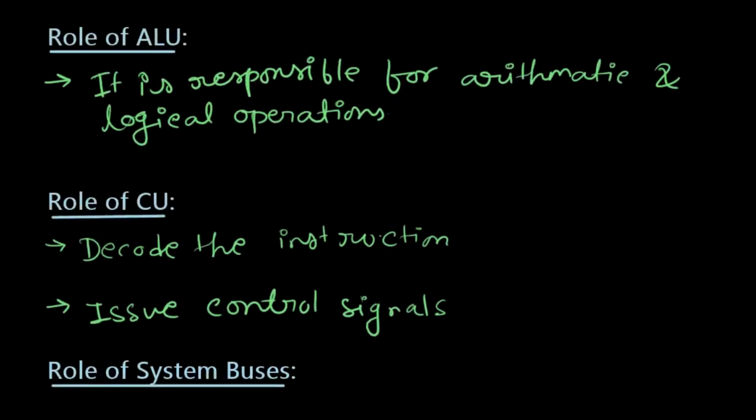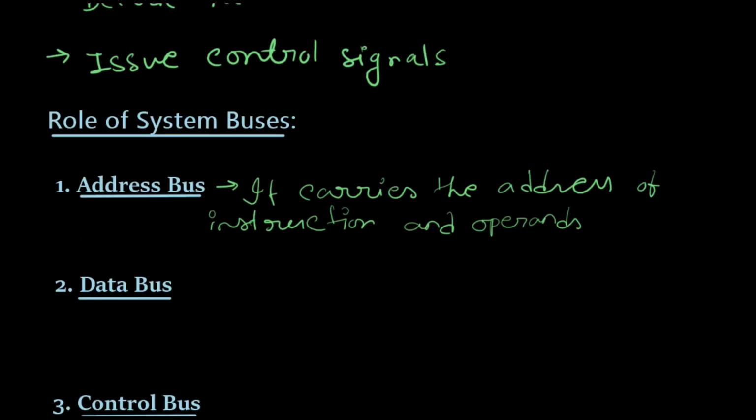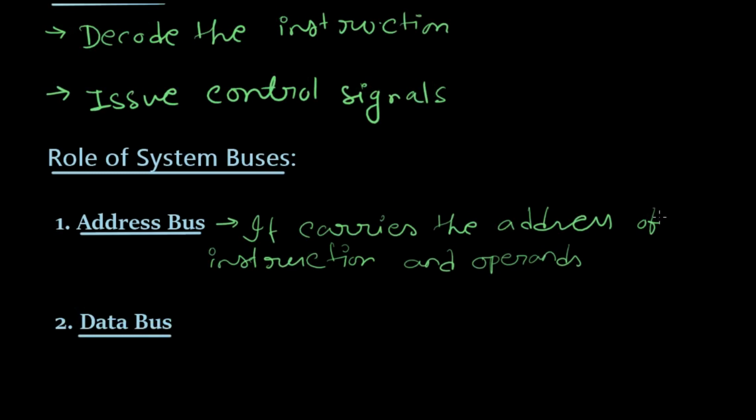A and B are the operands. For example, if I write A plus B, this A and B are operands, and this plus is the operator. So the addresses of A and B will be carried forward through the address bus.